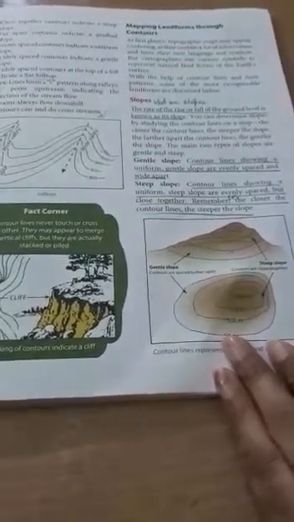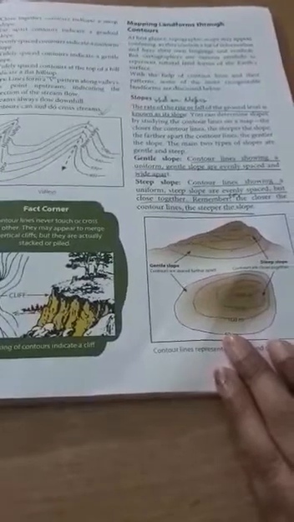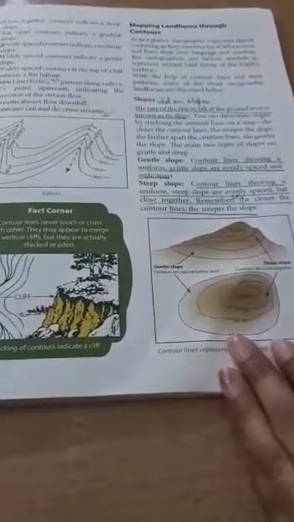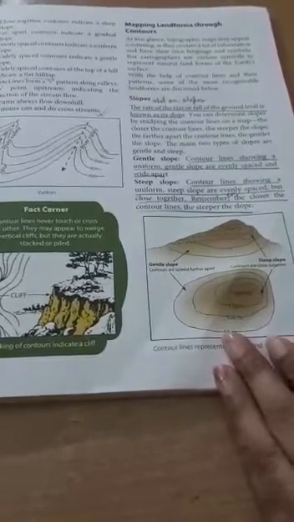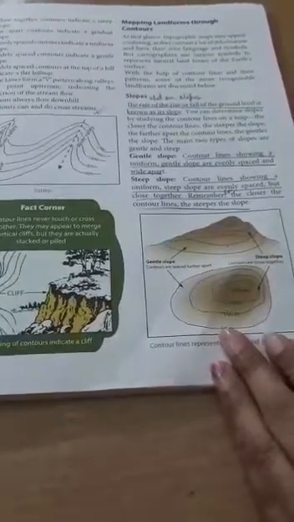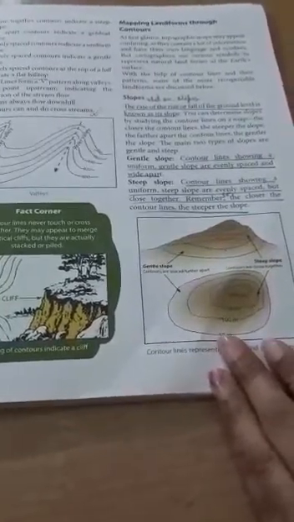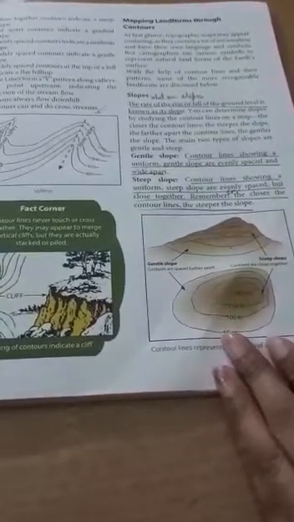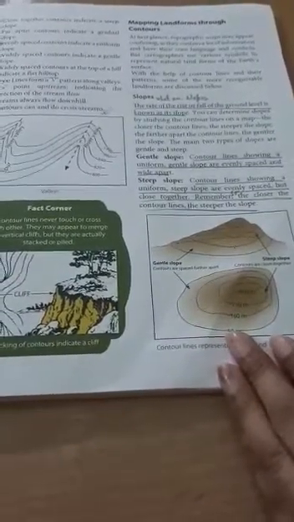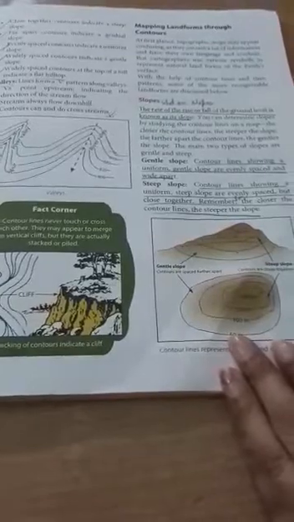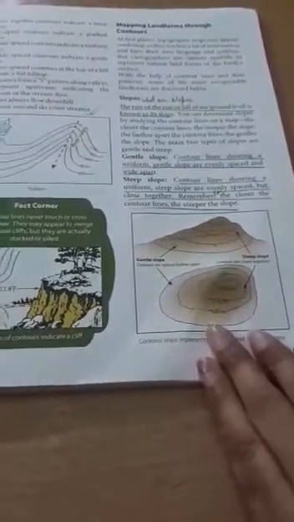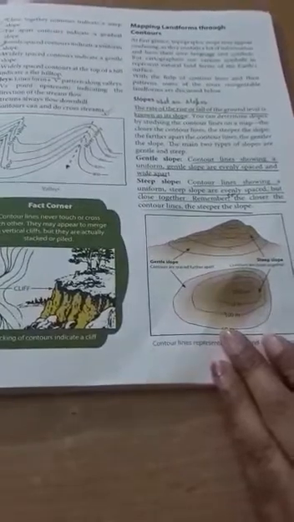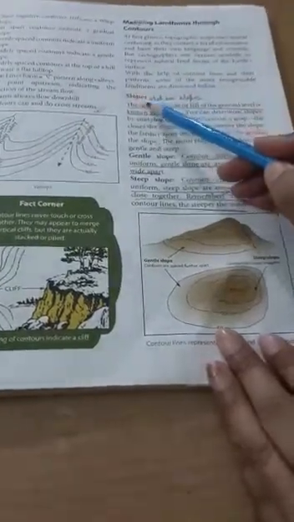But cartographers use various types of symbols to represent the natural landforms of the Earth's surface. Now, with the help of contour lines and their patterns, we will study the different types of landforms represented on topographical maps. First one is the slopes.